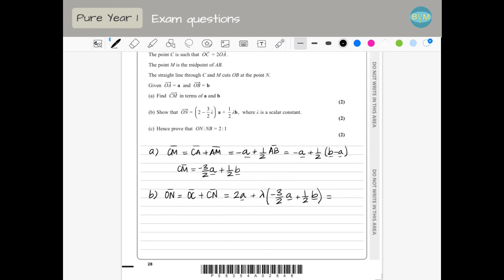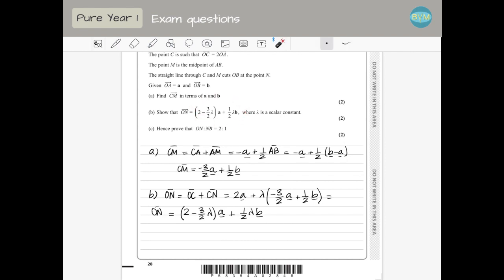I put them together, the a's and the b's. So this is going to be 2 minus 3/2 lambda a, and then the b is just 1/2 lambda b. That's what I have to prove.